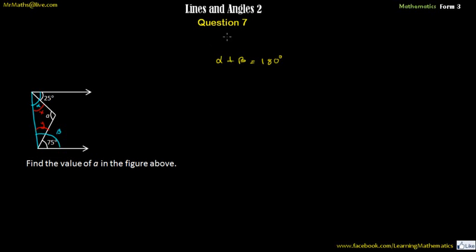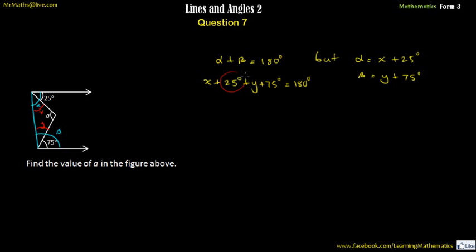Alpha plus beta is 180, but alpha is equal to x plus 25 degrees and beta is equal to y plus 75 degrees. So if you add them up together, alpha plus beta, then that becomes x plus 25 degrees plus y plus 75 degrees, that is equal to 180. So we have an algebraic problem here. We can solve this. What is the value of 25 plus 75 if we add together?